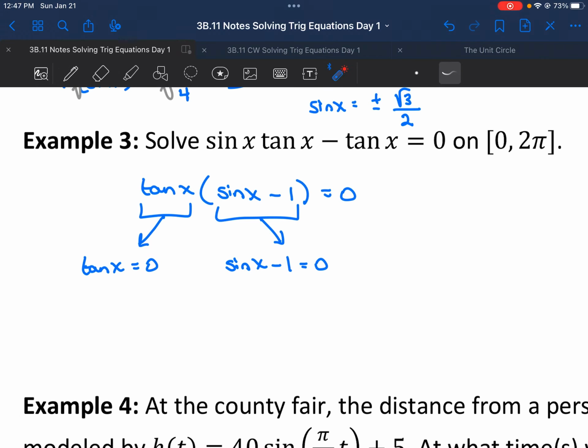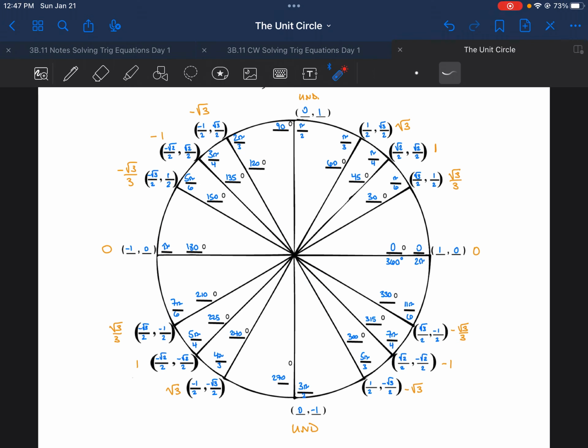Again, we're going to go to the unit circle, find all angles from 0 to 2 pi where the tangent value is 0. On my unit circle, these yellowish orange values are all the tangent values. Remember that the unit circle you get on quizzes and tests doesn't have the tangent values, so you need to commit them to memory.